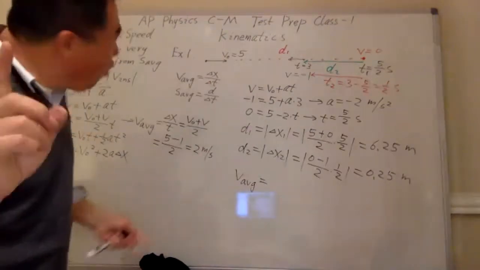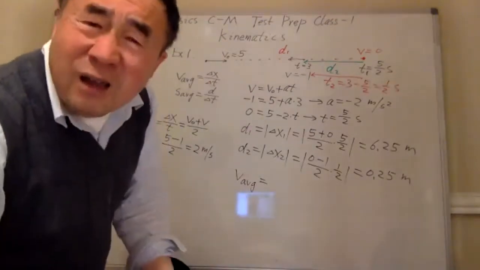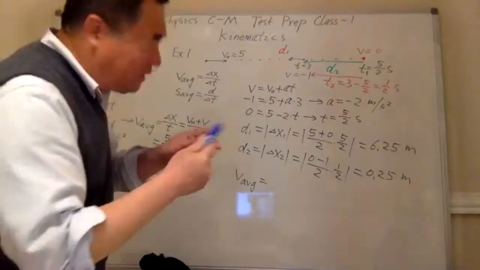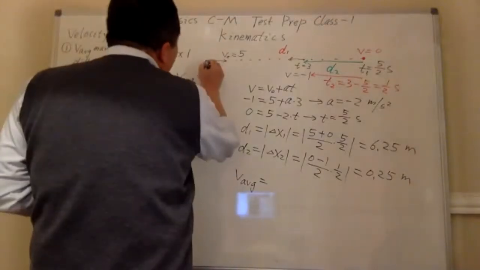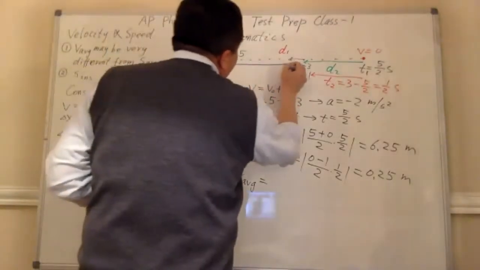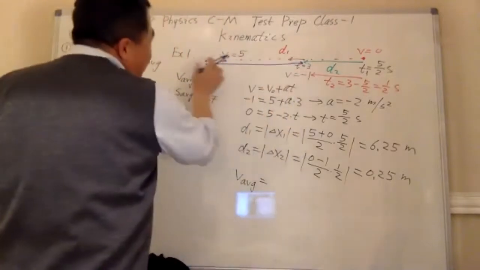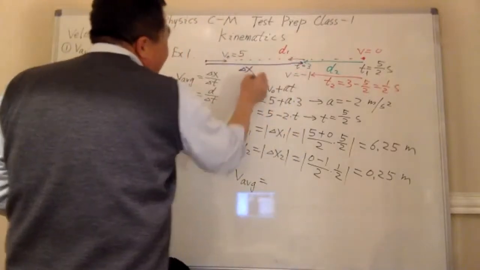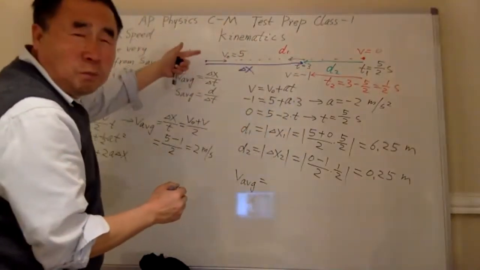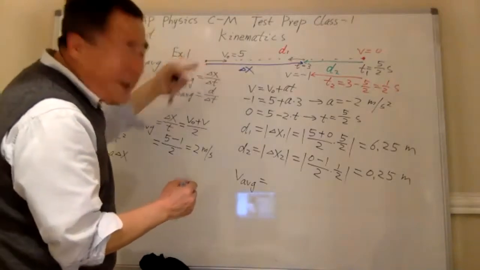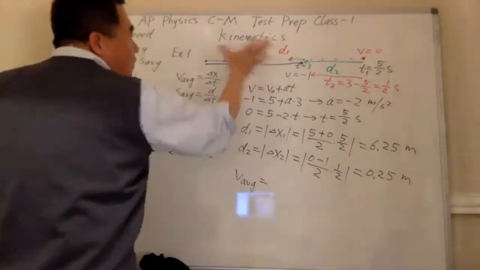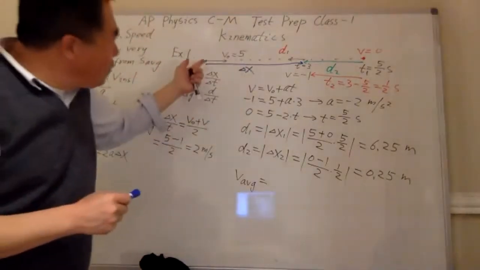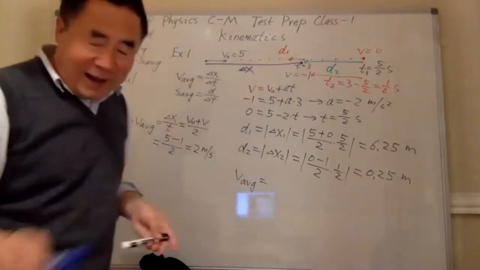Vector is always a piece of straight line from the very beginning point to the very ending. Okay, that is dx. That is delta x. Displacement is a vector. Vector is a piece of straight line from the very beginning point to the very ending.